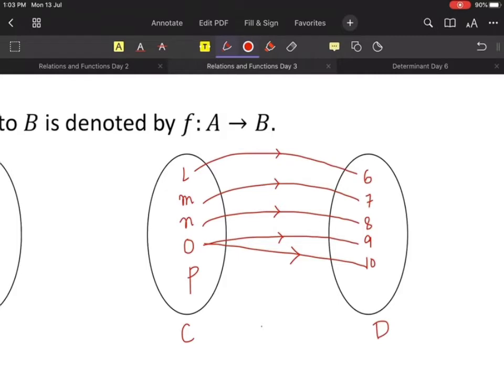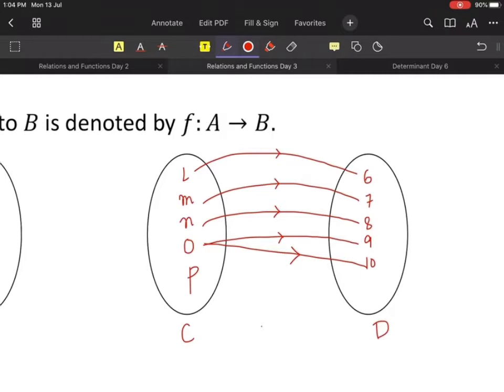Can anybody tell me why this is not a function? Look at it carefully and tell me why C to D is not a function. What is the reason? Because O has 2 images. It's okay, you don't have to say sorry. Because O has 2 images, right?